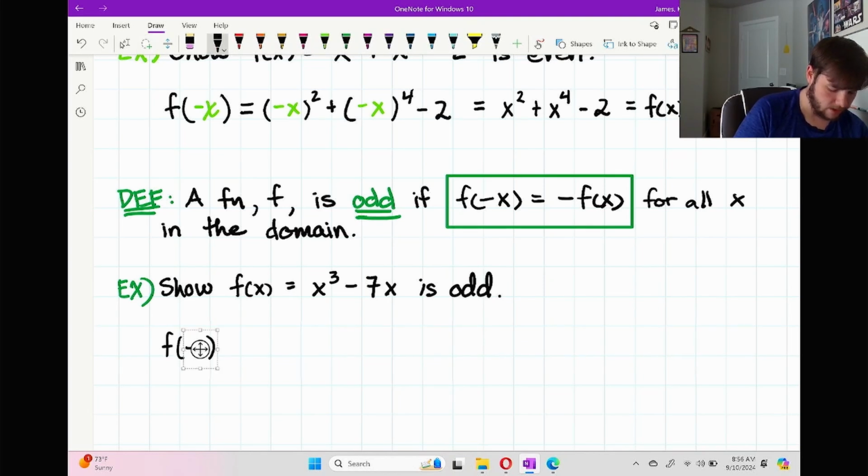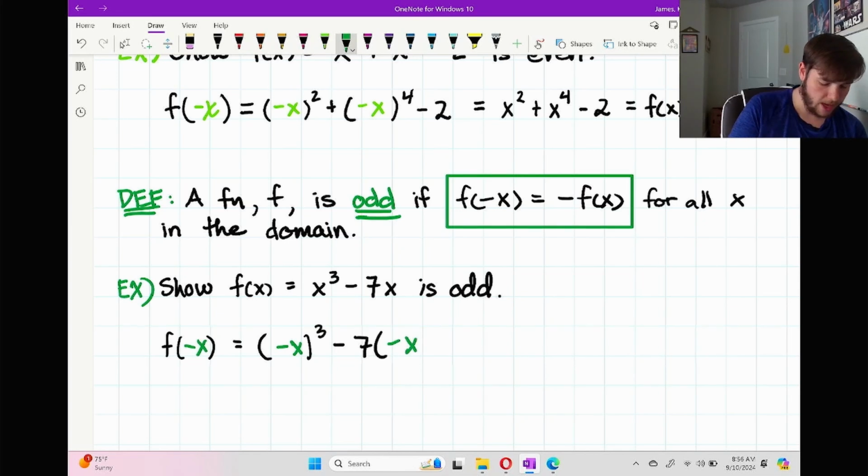Here, I would get (-x)^3 - 7(-x). I know if I take negative x and multiply it by itself 3 times, I get back negative x cubed.